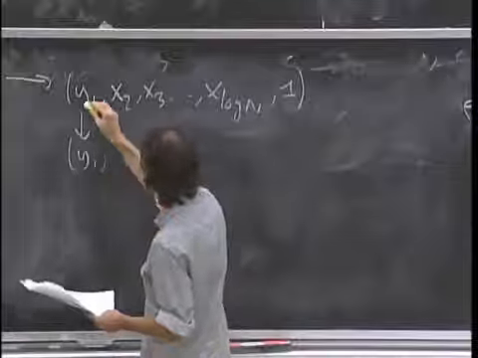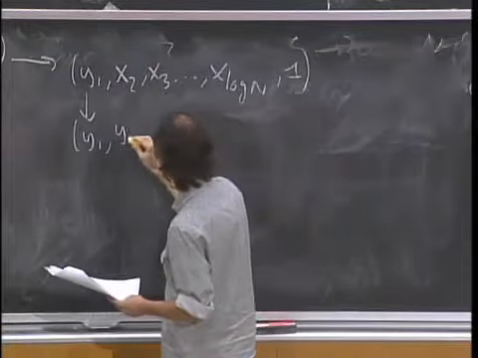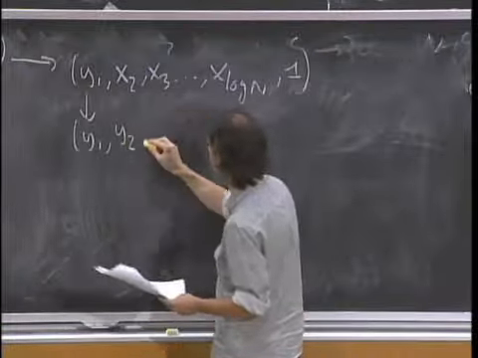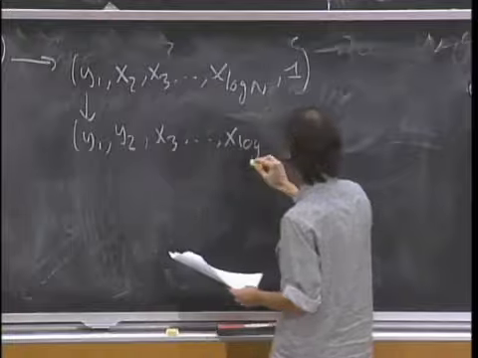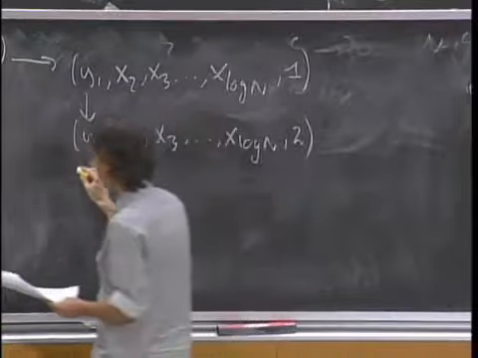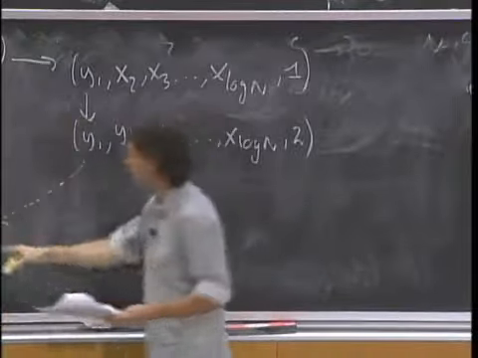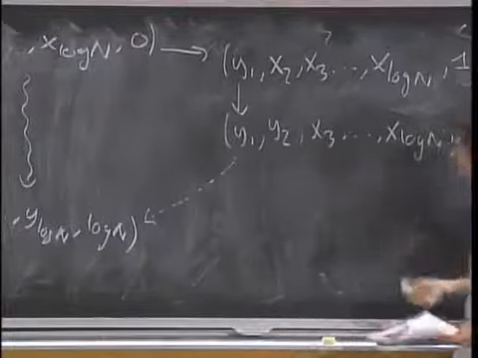So I leave all the other bits the same, y1 the same, x3, all the others the same. I just swap x2 into y2. So we leave all those equal, and we go to the second level. And then we go all the way to the final level, and we one by one swap all these bits.